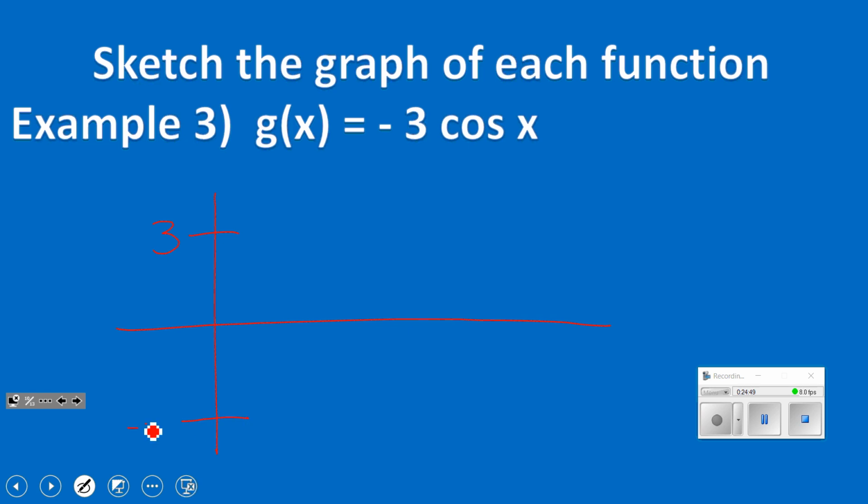To -3. Does that make sense? Instead of going up to 1 and down to -1, now you're going up to 3. Basically, to figure out your points, you just multiply by -3. What do you know about the shape of this one? Is it going to be a curved U, or is it going to be an N? What's the basic?